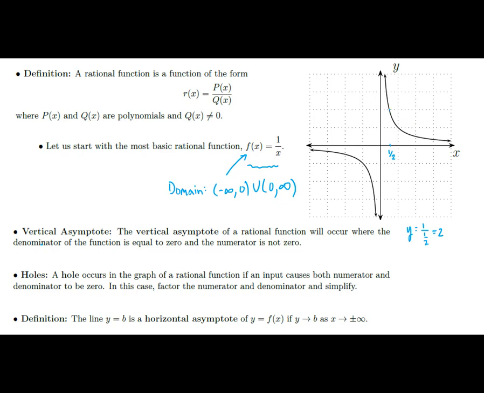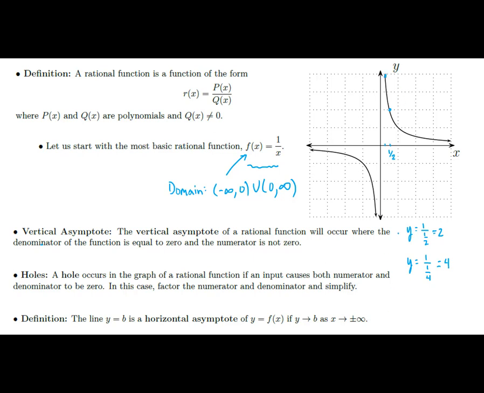So that puts me up at a y value of 2. But the closer I get to 0, the more extreme it gets. For example, if I go to 1/4, then the y value would be 4. So that puts me even higher.